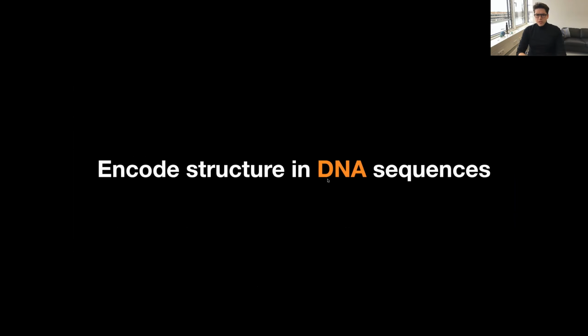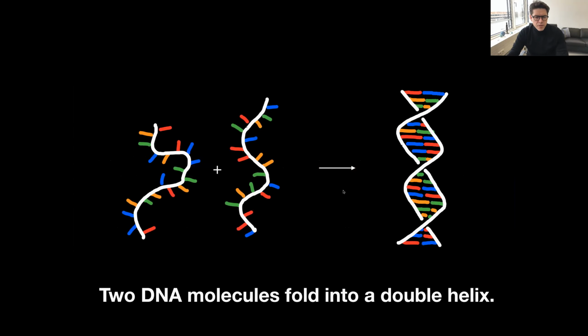Okay, so we'll be talking about encoding structures in DNA sequences. I'd like to give you a brief primer on how that works. If you have 2 DNA single strands with complementary sequences, what does it mean? Well, if you look at this DNA single strand, you see there are 4 colors. The 4 colors indicate the 4 different bases of DNA. And there's a certain rule with which these rest groups can interact.